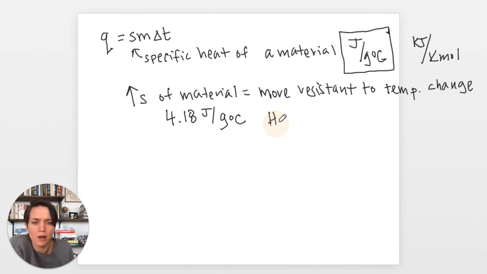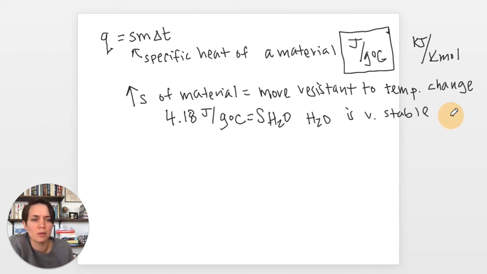So we know that water is very stable, right? Our planet's composition of water allows for the temperature on our planet really not to fluctuate that much, especially if you compare it to temperature fluctuations on the planets that immediately surround us, like Mars.